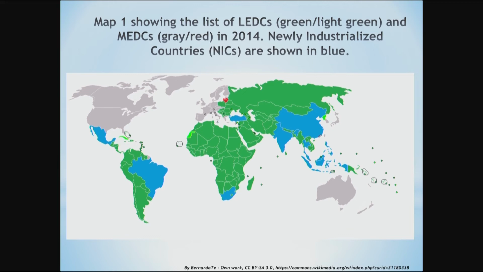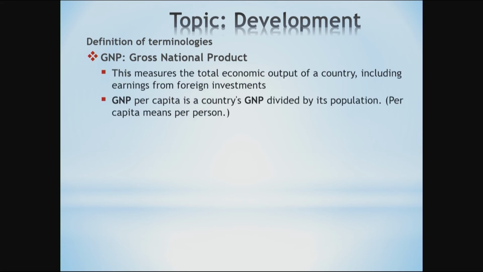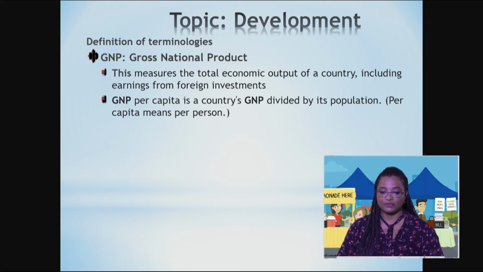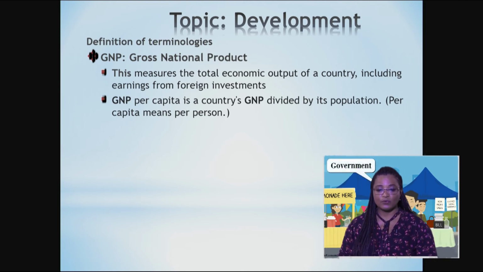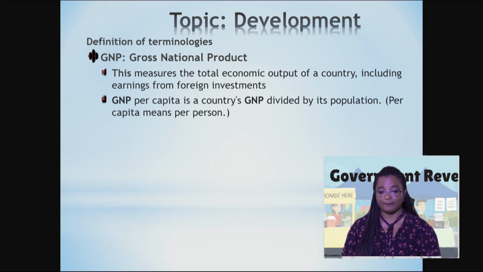So to assess economic development, geographers use economic indicators such as GNP and GDP. So what are those economic indicators? When we talk about GNP, we are talking about the gross national product. This measures the total economic output of a country, including earnings from foreign investors. In addition to the gross national product, we also have the GNP per capita.